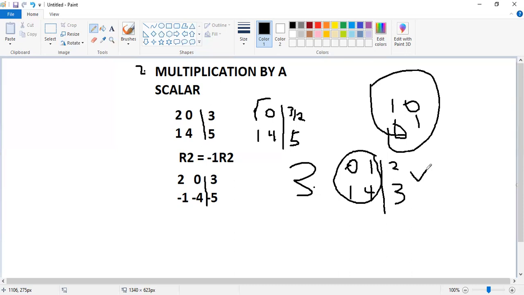And also we talked about the methods that we use: the addition or subtraction of rows, the multiplication or division of rows by a scalar, that's a number. The last one, the interchanging of rows and columns.